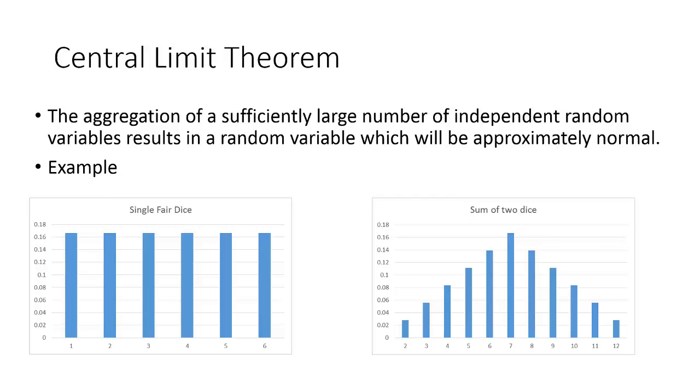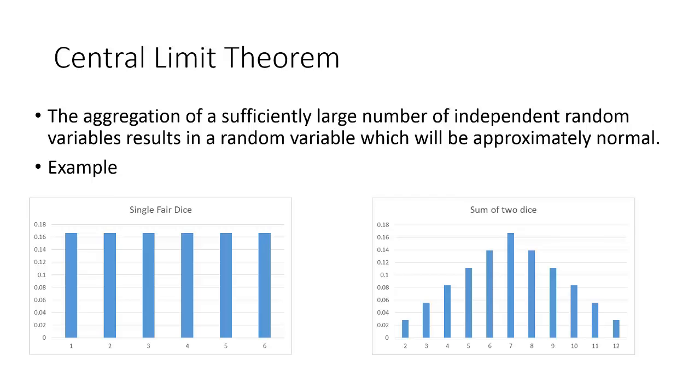So what does that mean? It just means that, look, if you have some process and some distribution from that process, so let's say flipping a coin or throwing a dice is the process.